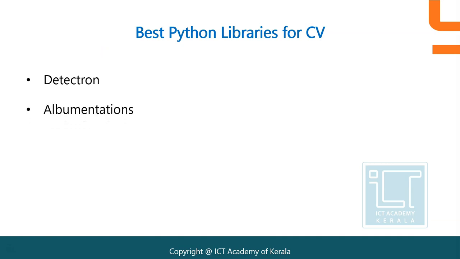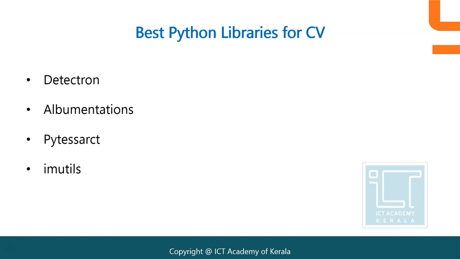The next one is Albumentations. It supports classification, segmentation and detection out of the box and was used to win a number of deep learning competitions at Kaggle. The next one is PyTesseract. That's an optical character recognition tool for Python.